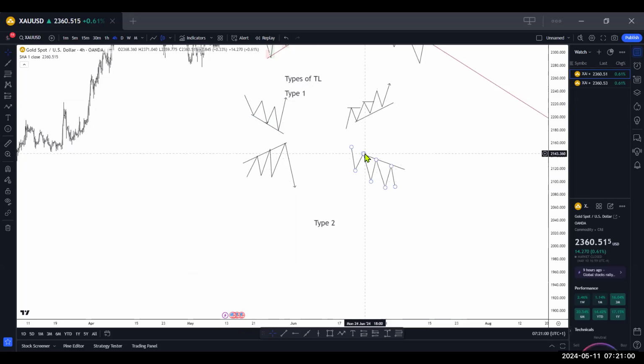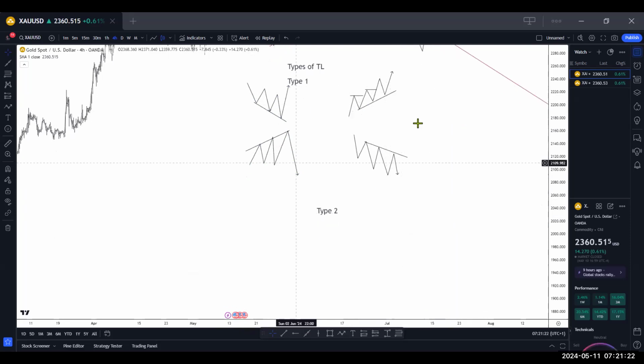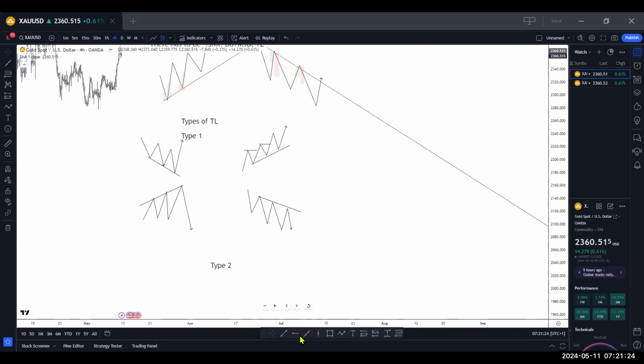So we're going descending, starting from here. Here we're starting from the left, ascending from the left, descending here. And that's why they form an X shape.